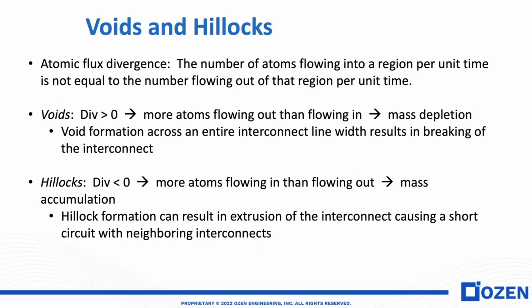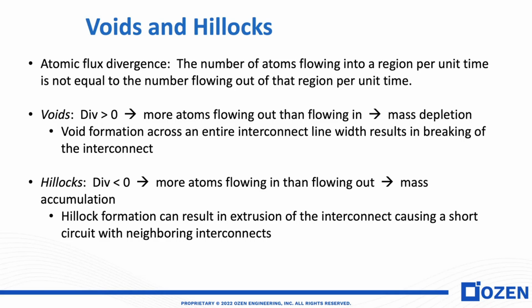The atomic flux divergence is defined as the number of atoms flowing into a region per unit time not being equal to the number flowing out of that region per unit time. When that happens, we have what we call flux divergence.